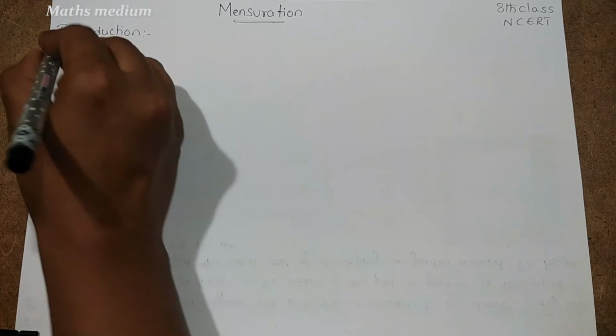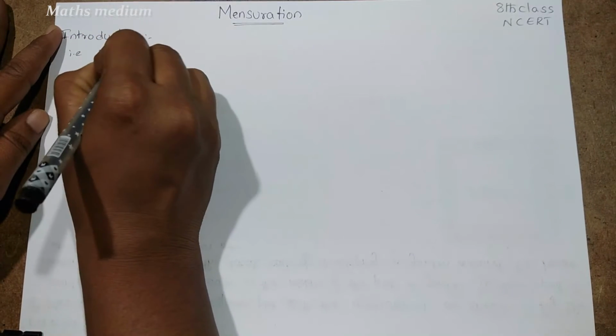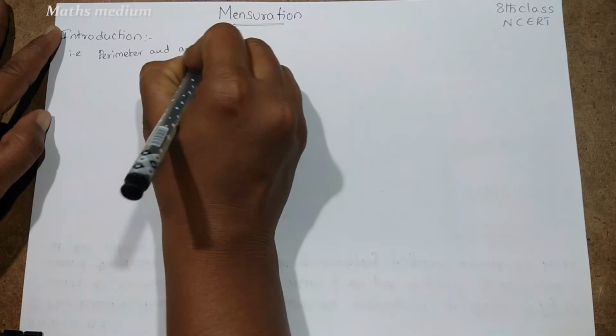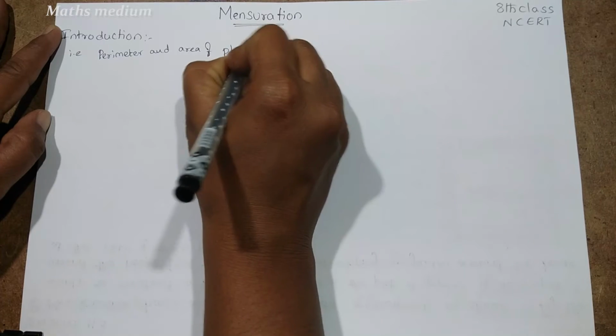Today I came with a new topic, that is mensuration from 8th class NCERT. Here is about the introduction of mensuration. So in previous classes, it means in your 6th class and 7th class, you may have learned about mensuration. That is also about perimeter and area of plane figures, right?